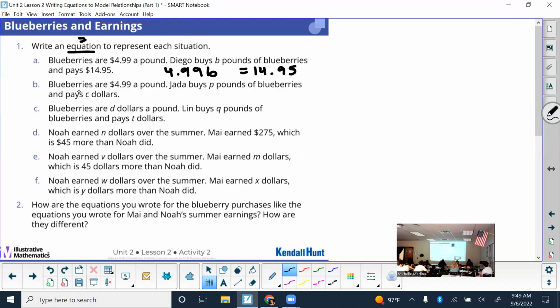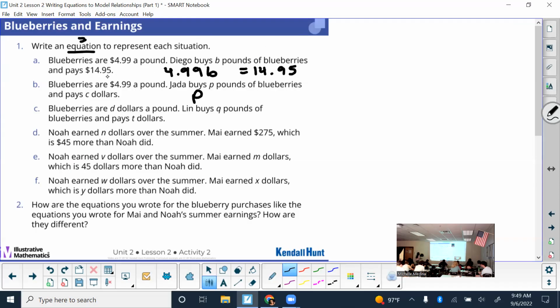Now, part B, we have blueberries are $4.99 a pound. Jada buys 3 pounds of blueberries and pays $3. How would we write that equation? What variable are they using for the pounds of blueberries this time?